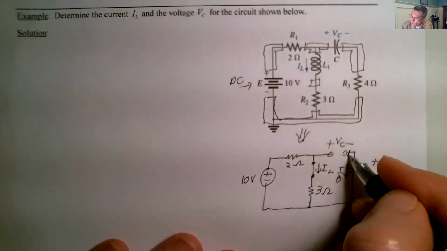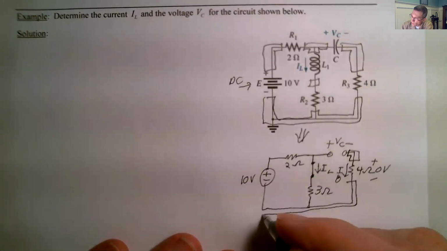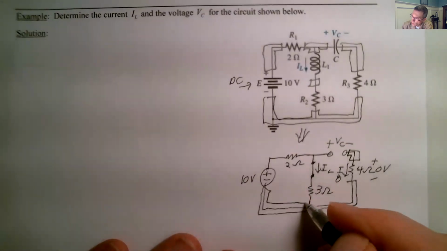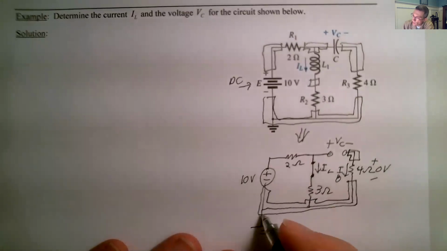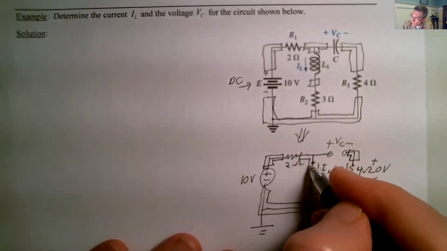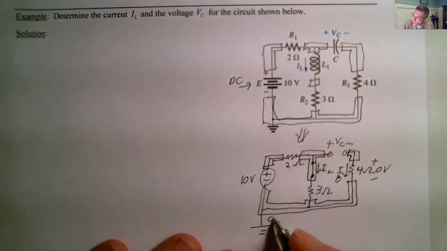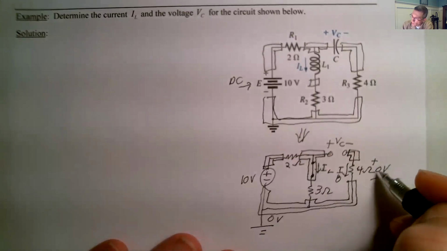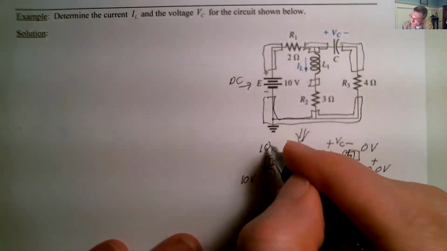So this node is at the same value as ground, which is 0 volts. Now we can draw all of our nodes like this. Because there's a 0 volt difference over here, that one's at 0 volts, and this one's at 10 volts.